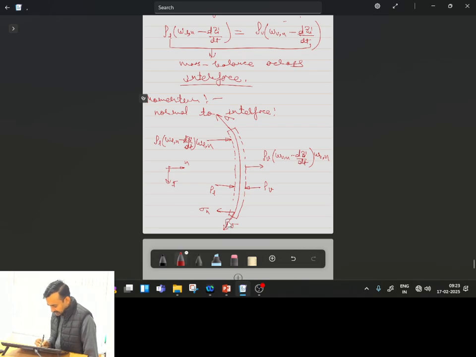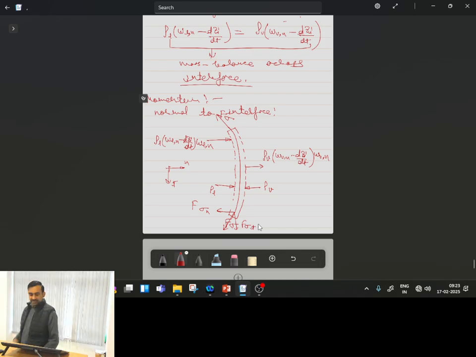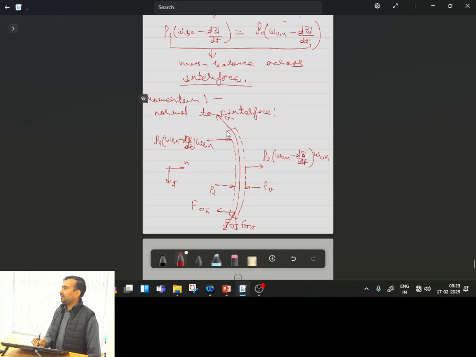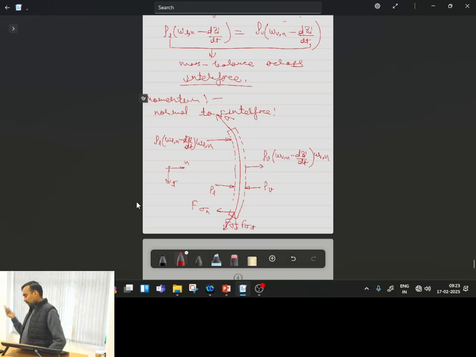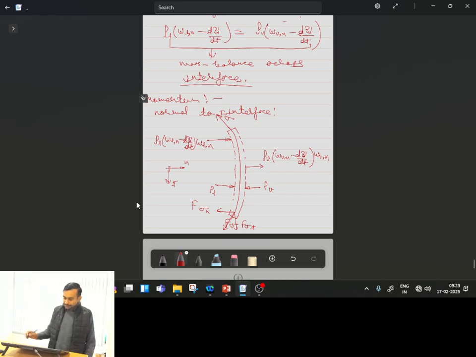Let me write it as F sigma: one component is F sigma n and the other component is F sigma t. Is this clear? The surface tension force acts parallel to the interface, and its components in the normal and tangential directions give the corresponding constituents of the surface tension force. Now, is anything else left?